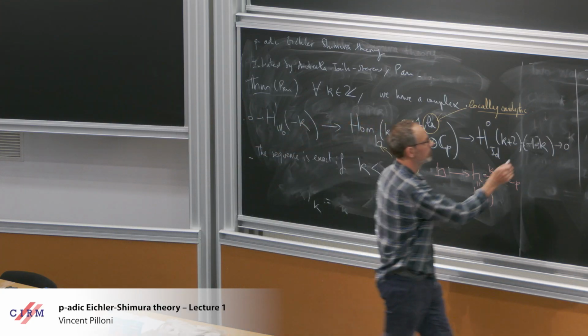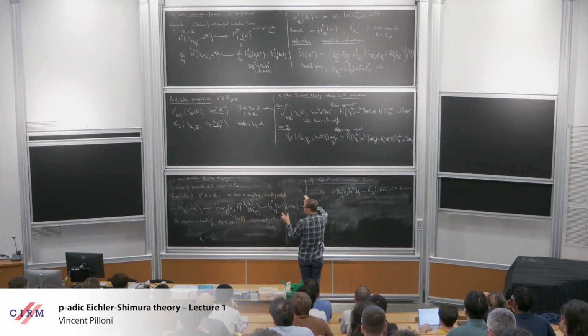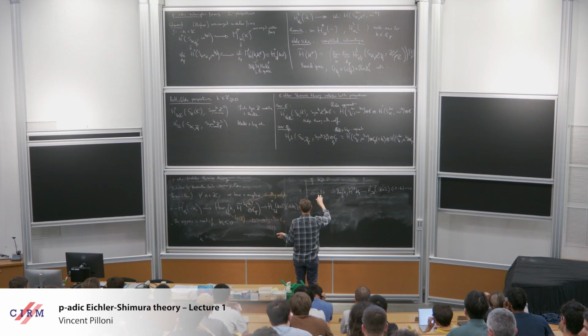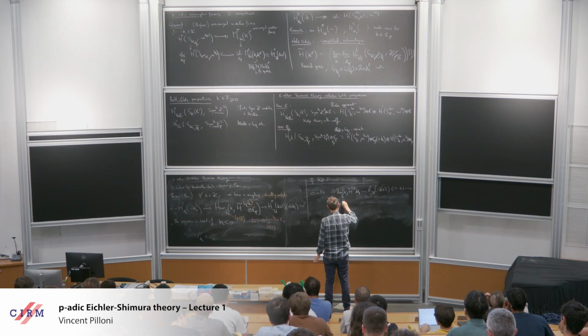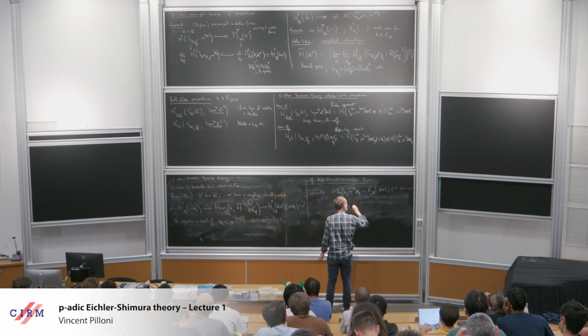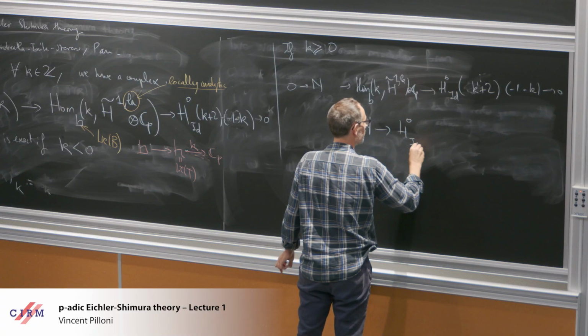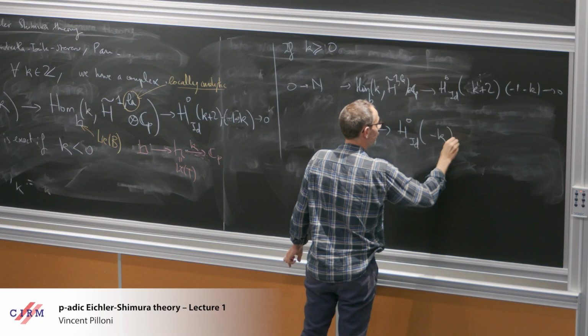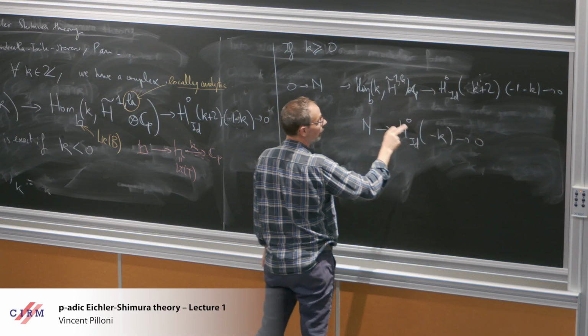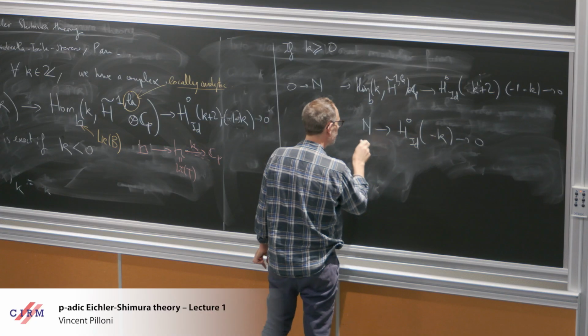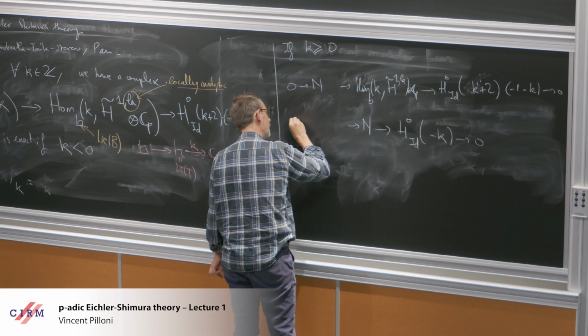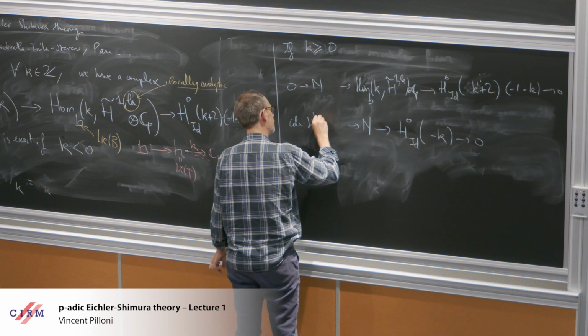And so now this N is very similar to this higher Coleman theory, but it's an extension the other way around. So actually it has as a quotient the space of this higher Coleman theory in weight minus k, and it has as a sub the classical H^1 cohomology.